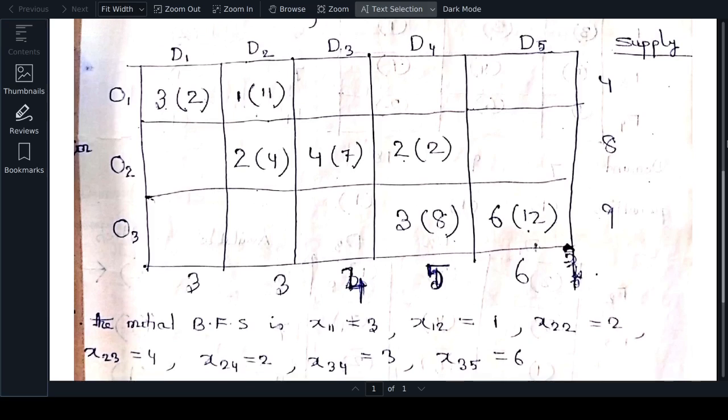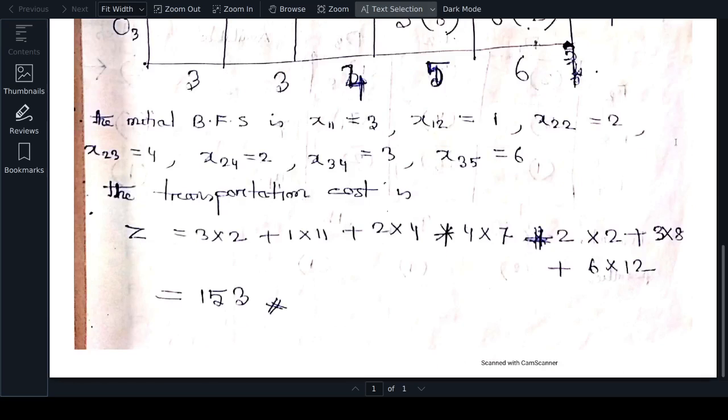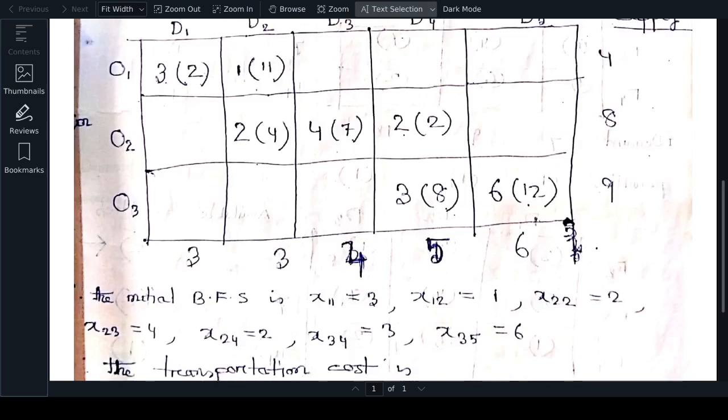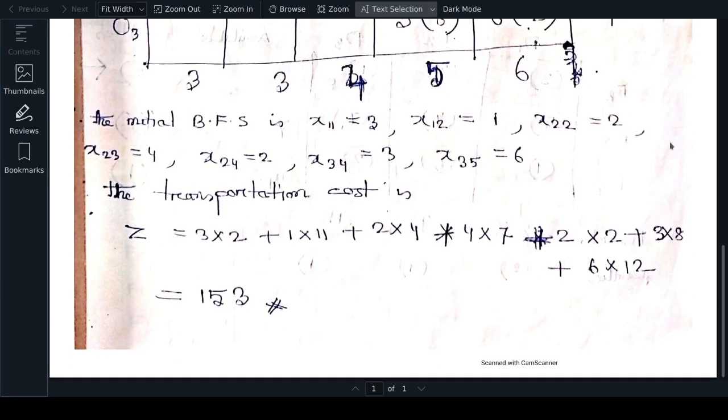Then this gives our transportation cost. So the total transportation cost is what? Sum of the product of cost and allocation. This gives us the total transportation cost. So you see, clear or not, Arbaz?